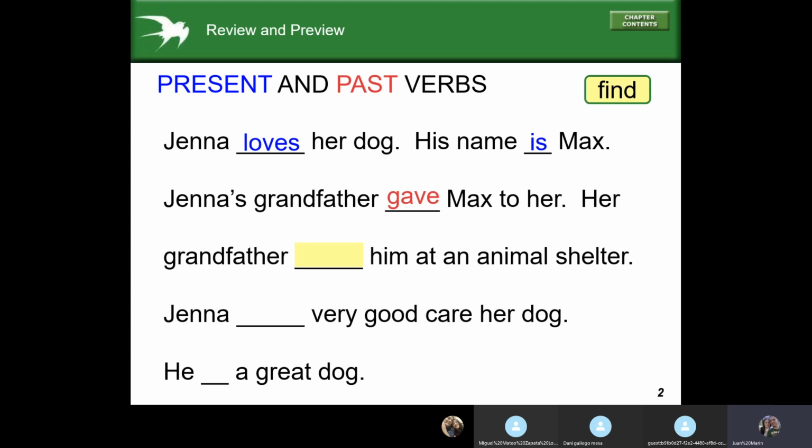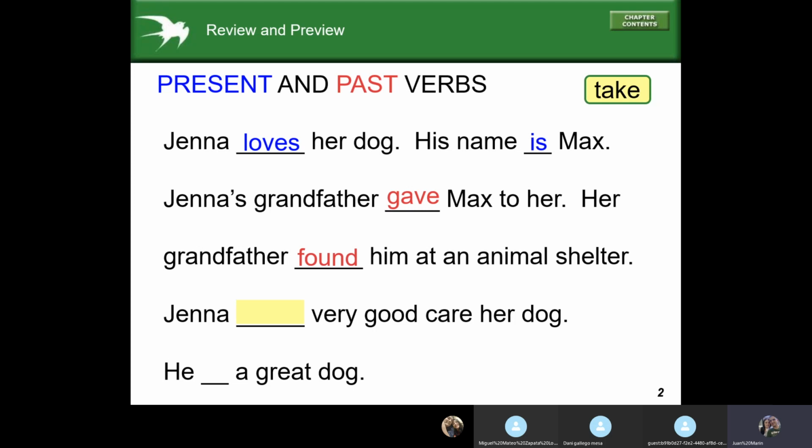And we have the verb find. Teacher, found. Okay, found. Very good. Her grandfather found him at an animal shelter.